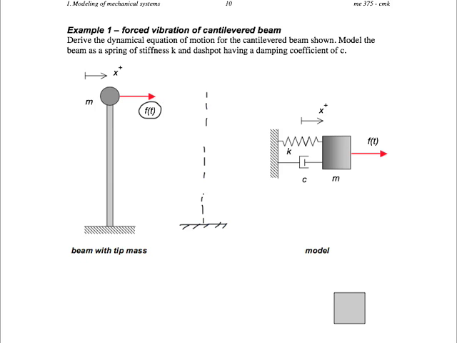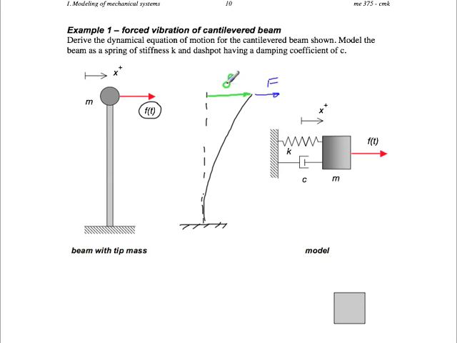Okay, and let's say that we just apply a static force F to this beam like this. I'm just going to call it some static force F which is applied, and we know that the deflection here at the top we will measure as a delta.